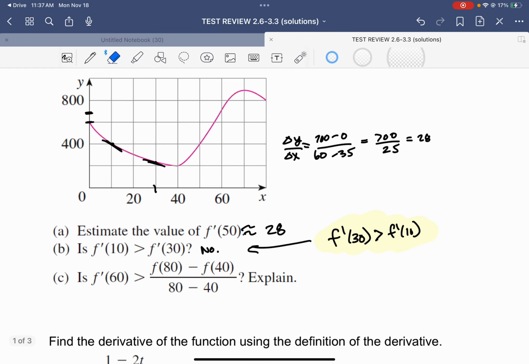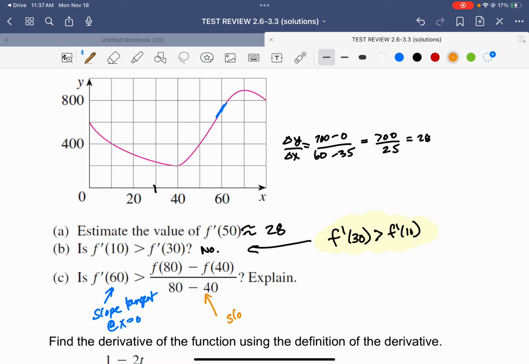Then it says, which is bigger? Part C says the derivative at 60, which is the slope of the tangent line at x equals 60, and this one over here represents the slope of the secant line on the interval from 40 to 80.